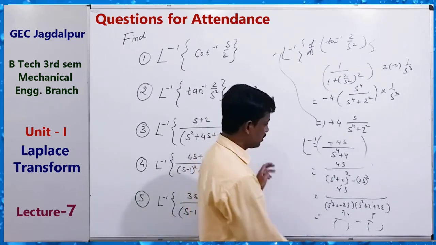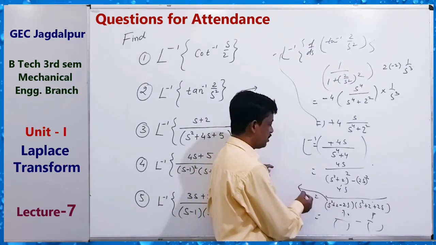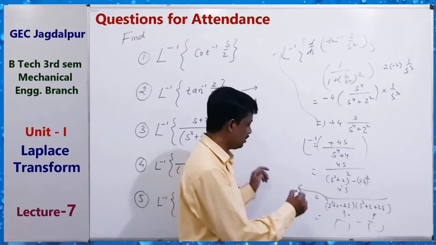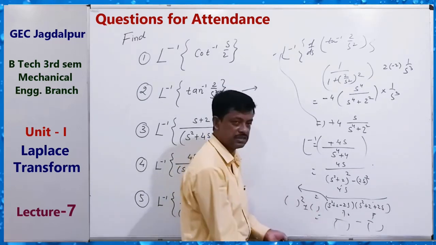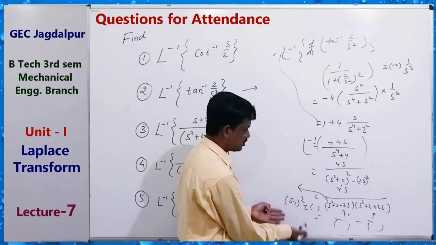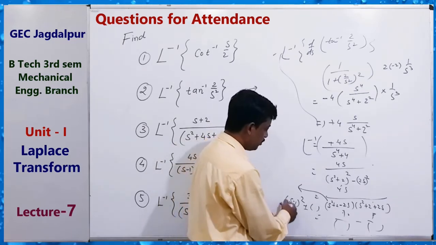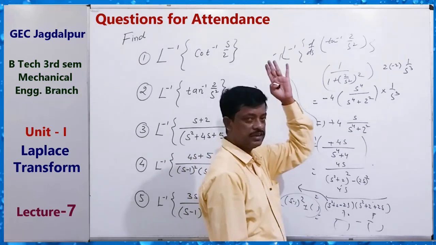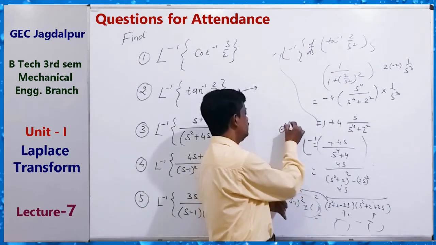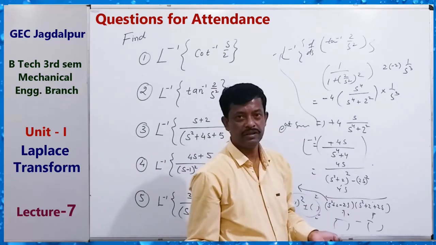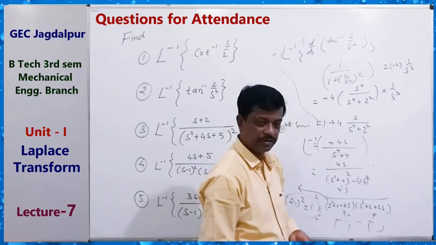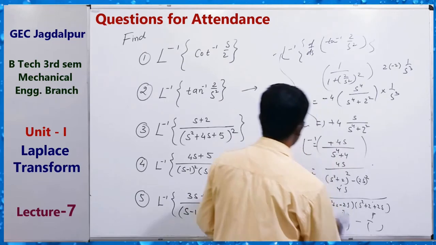And then by using the shifting property, s square is made like this, plus or minus of this. So s minus 1 or s minus 2, etc. By setting this, you can get the result as e to the power t sin t or cos t or hyperbolic cos t, maybe anything. Okay, so this is the conversion of this.